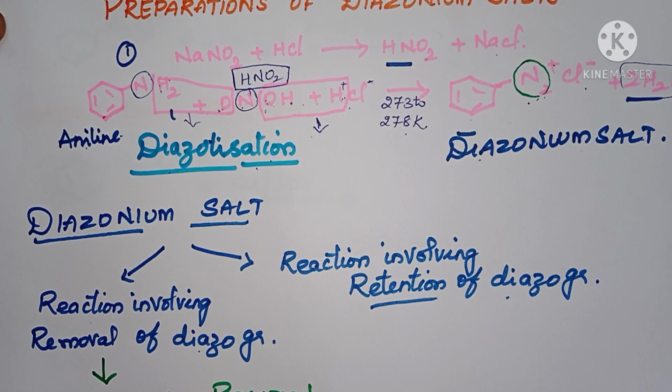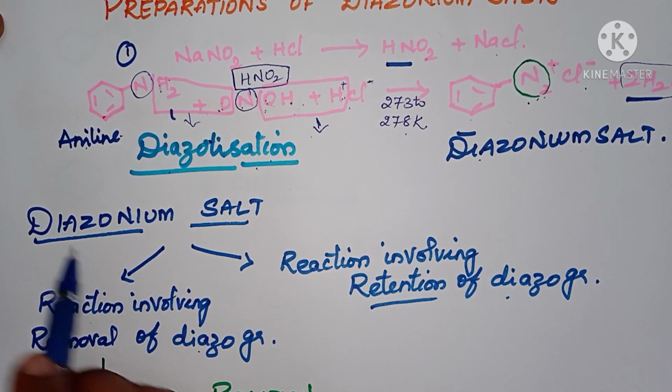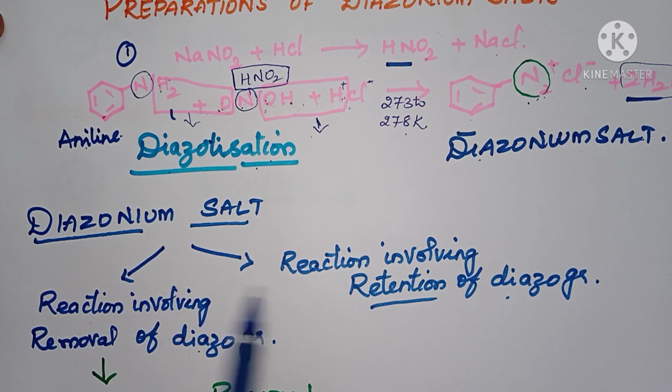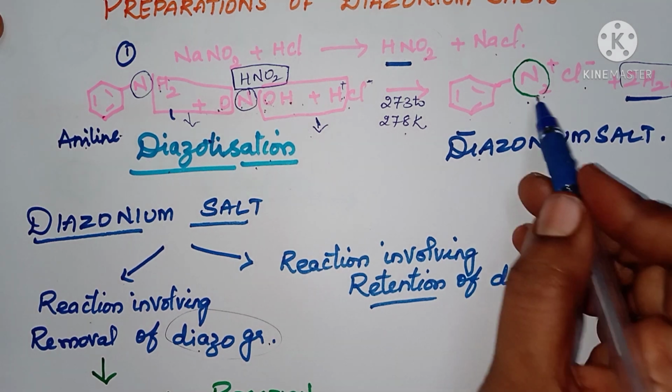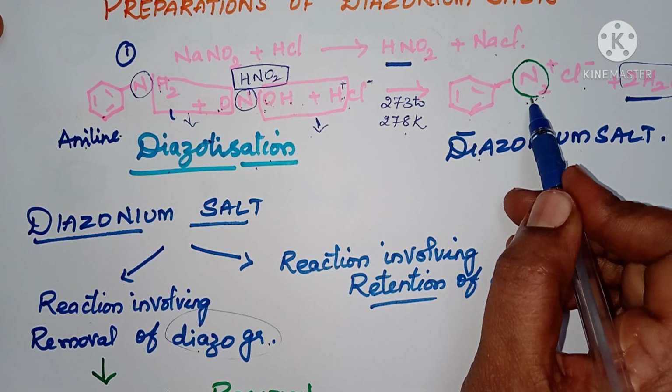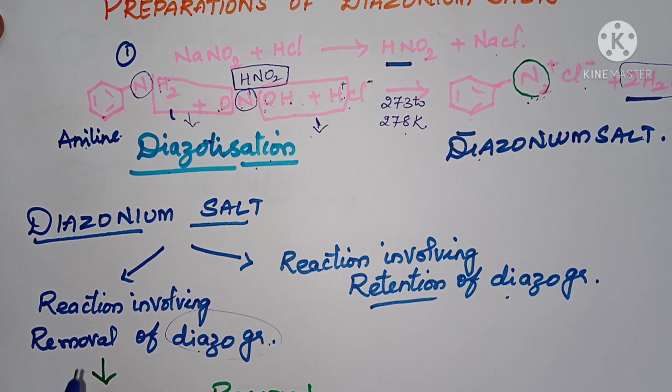Okay, in this next one, what we are going to check is the further steps after diazonium salt preparation. That is a naming reaction we are going to check, which is very very important for the exam. Okay, diazonium salts, we can see 2 types, that means 2 ways of reaction. One is reaction involving removal of diazo group. So removal of diazo group is what? Naturally N2 is the diazo group, so it will be removed from the diazonium salts.